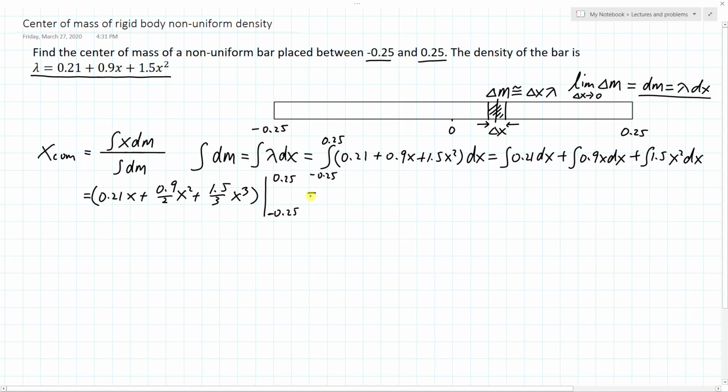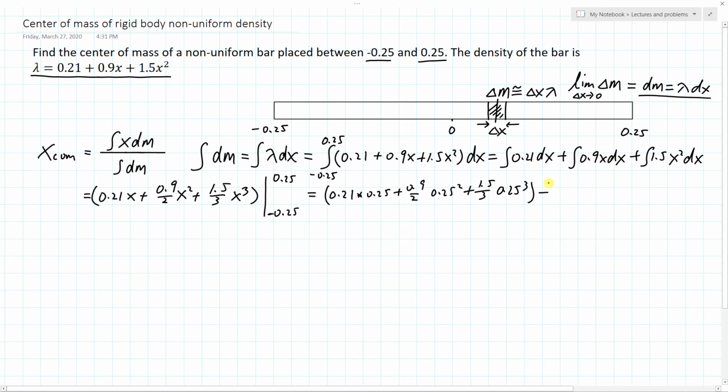To evaluate it, we plug one value into the expression, plug the other value into the expression, and subtract the two. Okay, so 0.21 times 0.25 plus 0.9 over 2 times 0.25 squared plus 1.5 over 3 times 0.25 cubed.